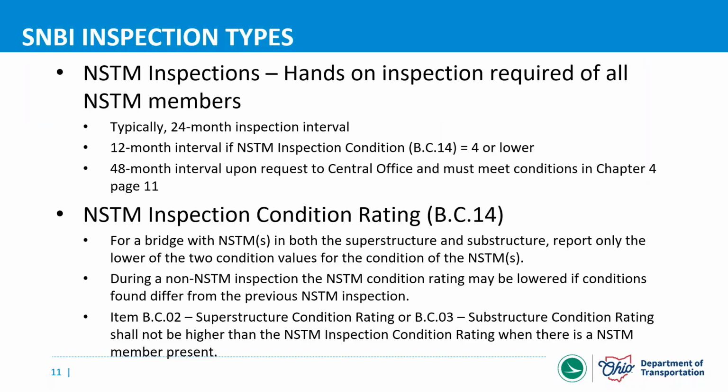So basically what that means, right, if say you have a pony truss bridge where your NSTM rating for your floor beams or truss members is a 5, that means your superstructure rating cannot be higher than a 5, right? Ultimately, those NSTM members should control the overall superstructure or substructure condition rating. So you could have cases where BC 14 is higher than BC 02 or 03, but you will never have BC 14 lower than BC 02 or BC 03.